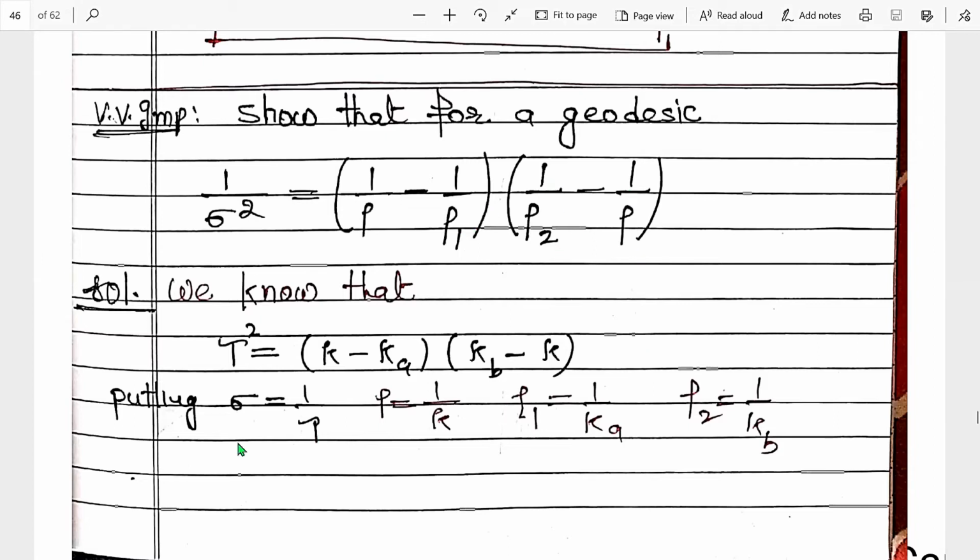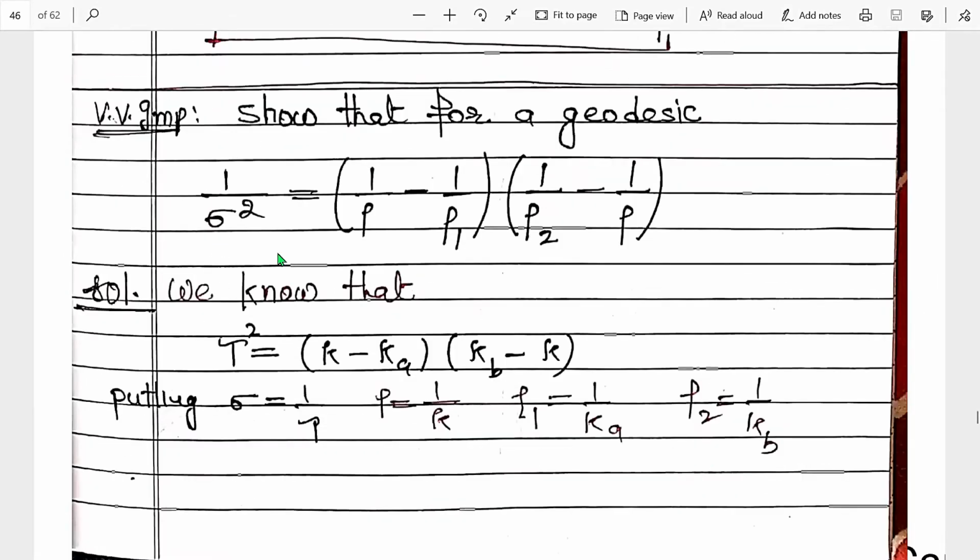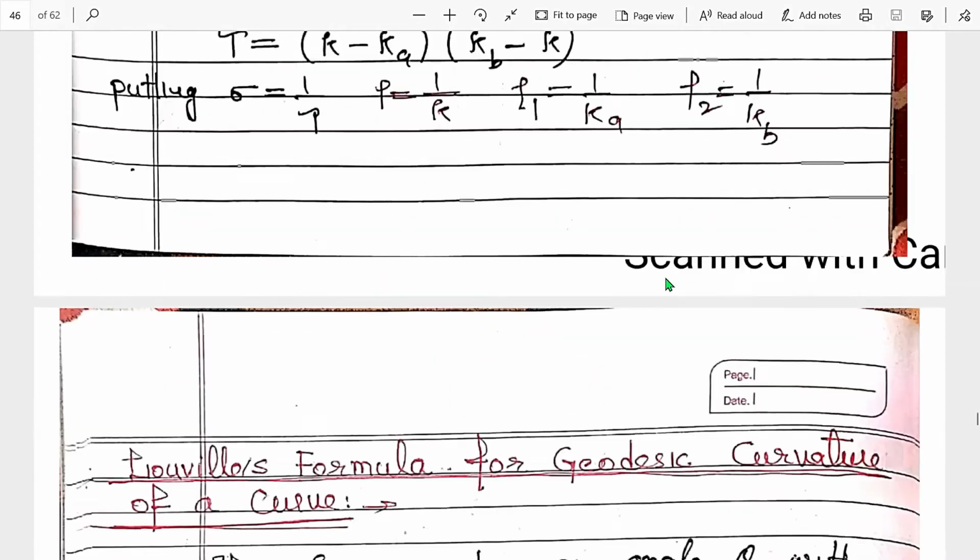Here sigma is 1 by tau, rho is 1 by kappa, rho 1 is 1 by kappa A, and rho 2 is 1 by kappa B. Just write these values in place of kappa, and we get 1 by sigma square equal to 1 by rho minus 1 by rho 1 into 1 by rho 2 minus 1 by rho 1, right? This is again a very important result.